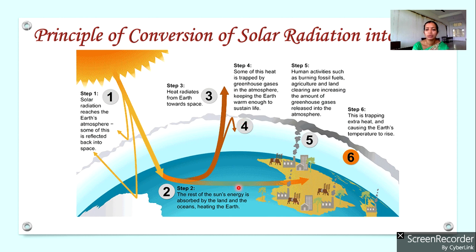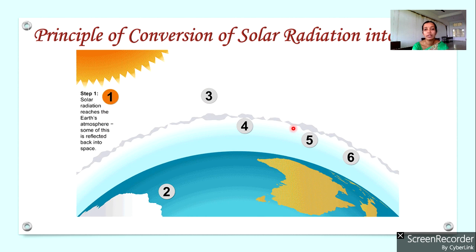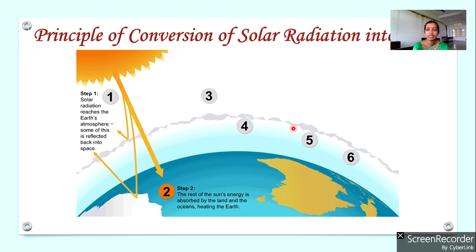Due to processes like burning of fossil fuels, agriculture and land clearing, etc., the amount of greenhouse gases in the atmosphere increases. As the greenhouse gases increase, more and more infrared radiation will be absorbed by them, and they will emit this infrared radiation to the earth.